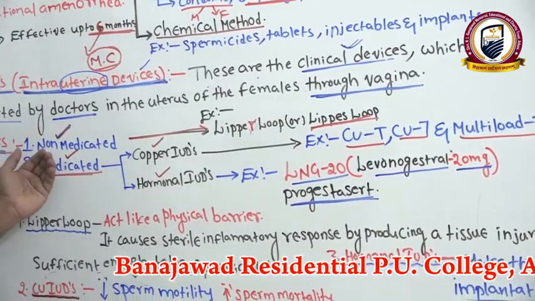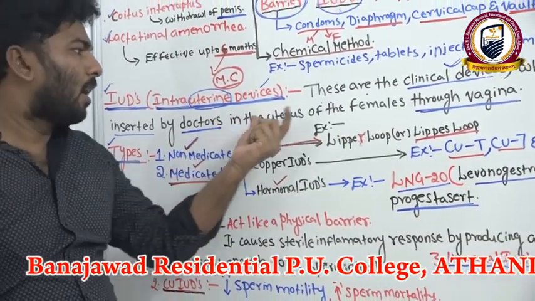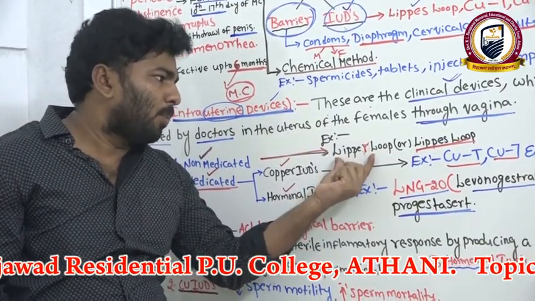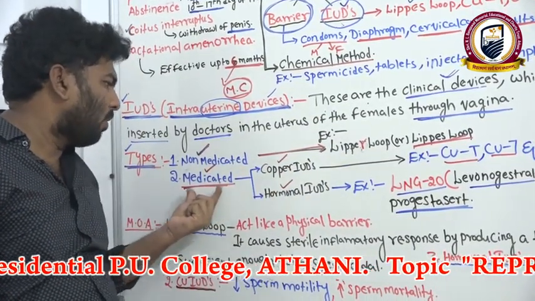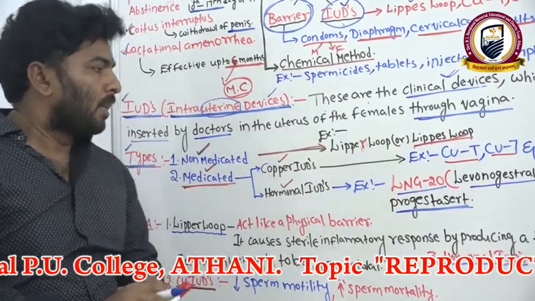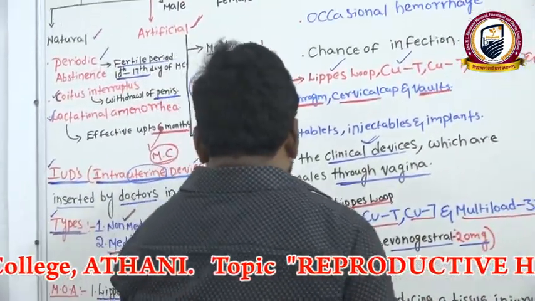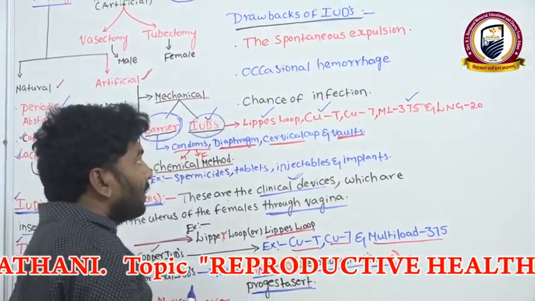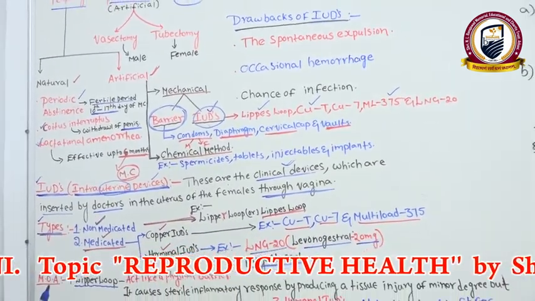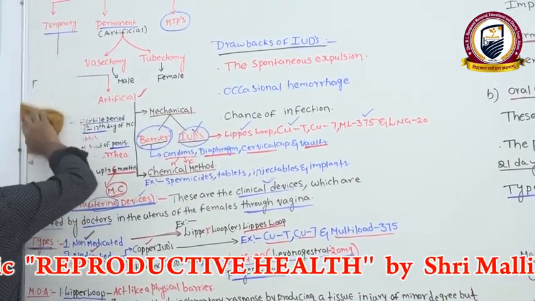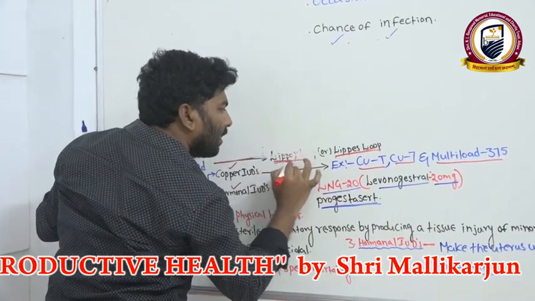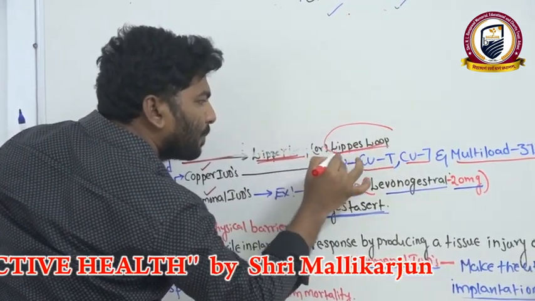Clear? Now we will explain the non-medicated IUD, that is the Lippes loop, and the next one we will explain the hormonal IUDs. Now we can see the Lippes loop, we will discuss it clearly. It is the Lippes loop, or else Lips loop.